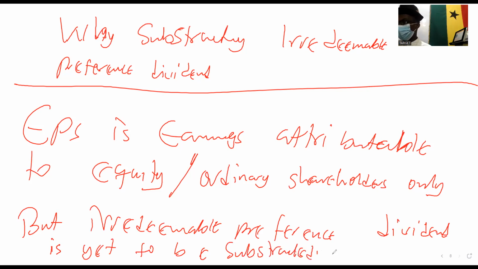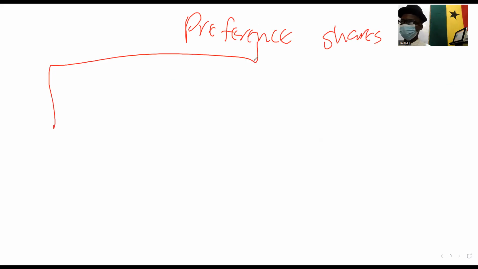But let me make it clear for you. Take notice of this. Preference shares can be a liability, they can be equity. There are two types of preference shares.